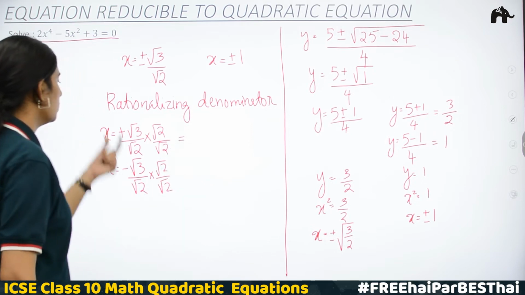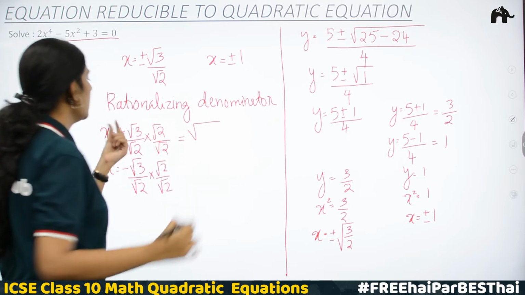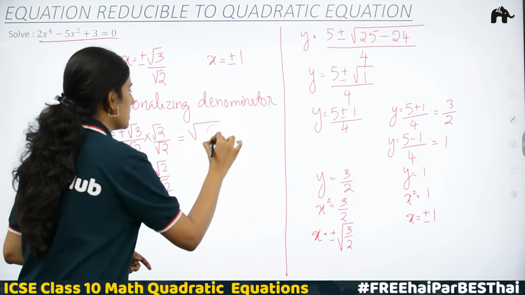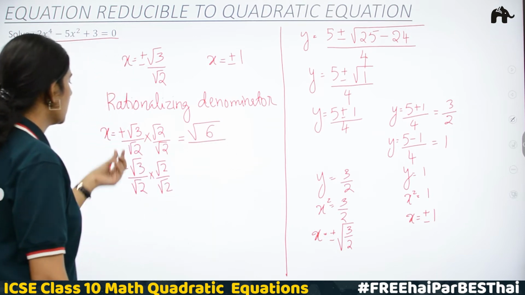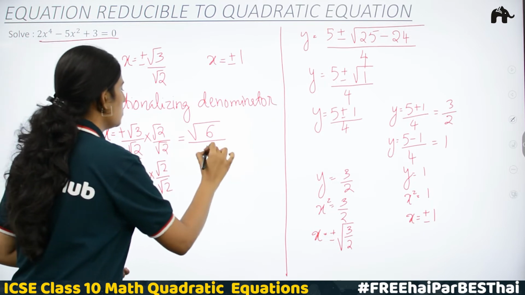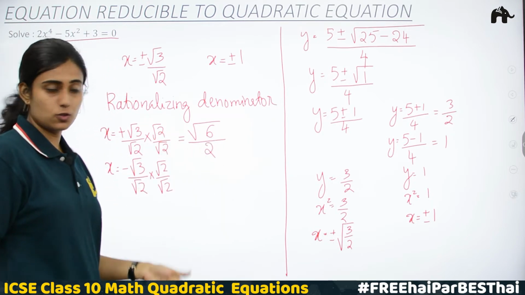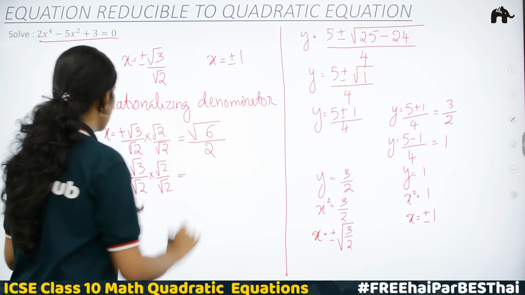This is equal to root 3 into root 2. Root of 3 into 2, that is 6, divided by root 2 into root 2, that is 2. Okay, we can write this as root 6 by 2. Now what about this?